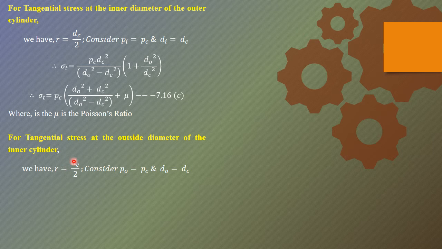So R we can substitute as Dc divided by 2, right? And as I have told you, the contact pressure generated at the junction will be considered as external pressure with respect to the inner cylinder, because it is acting at the outer surface of the inner cylinder. So we have to consider not Pi here, we have to take P naught.